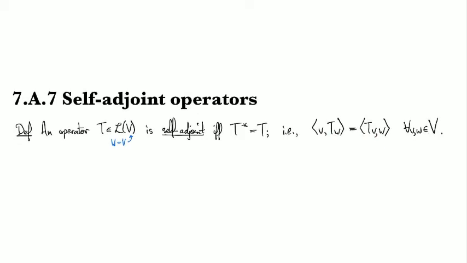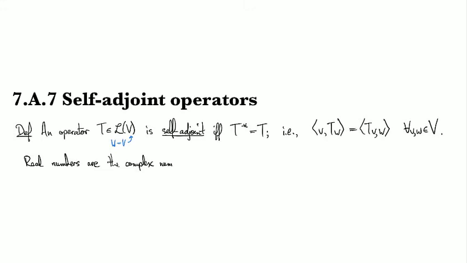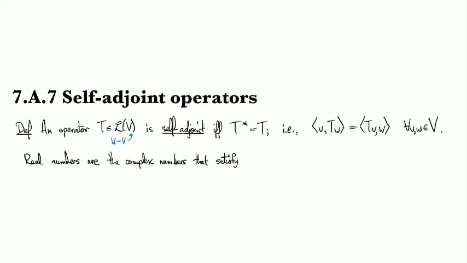Okay, so real numbers are the complex numbers that are fixed under the involution of conjugation.